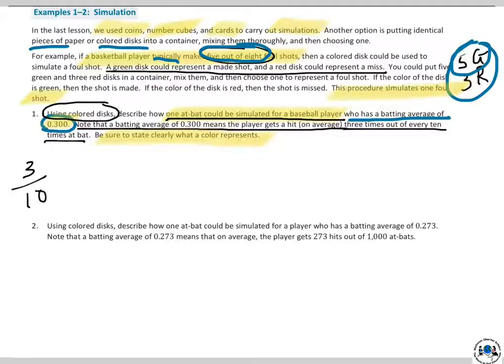How would it work? And again, just use this up here as a model. How would you describe how you would use colored discs to simulate one at-bat for a baseball player who gets a hit 3 out of every 10 times?